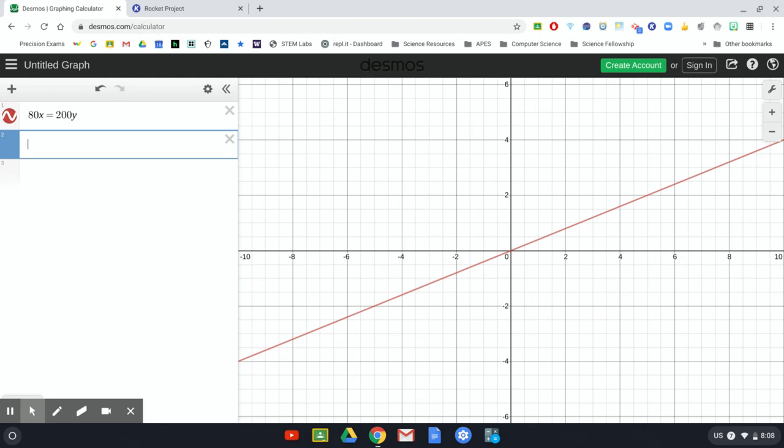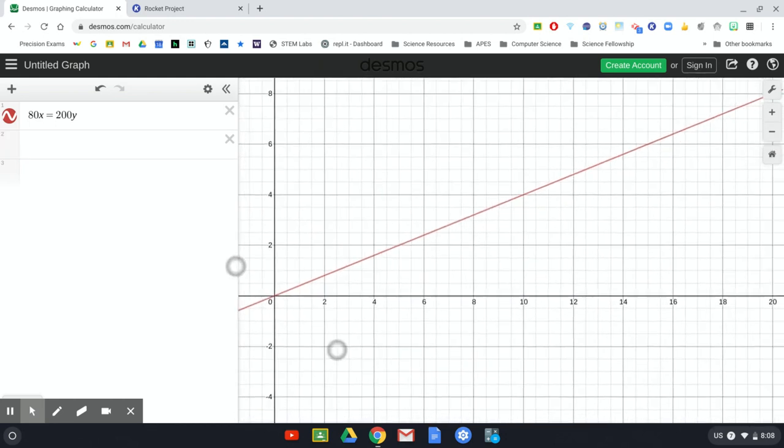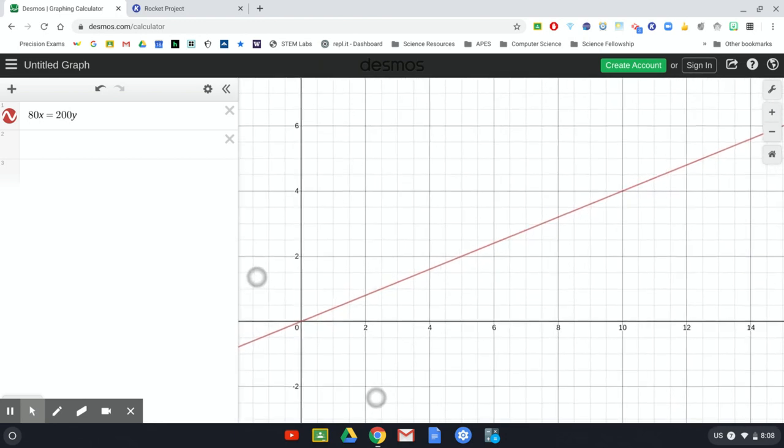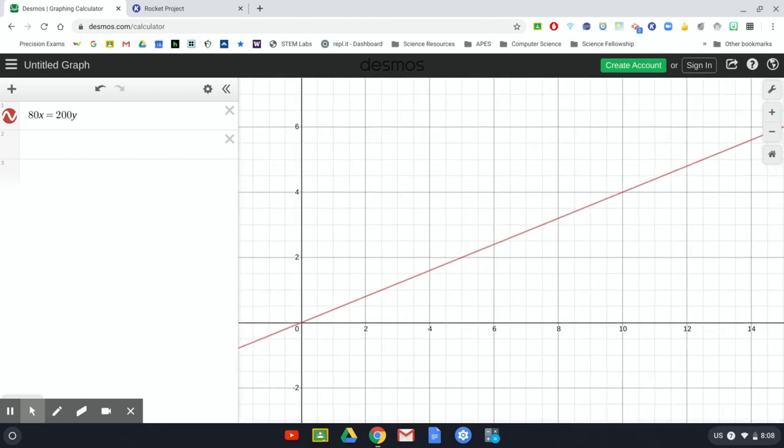And as you'll notice, there's now a lovely red line across my graph that shows me what x's and y's meet that particular condition. And we want to focus only on quadrant 1 where we have positive x's and y's, because it doesn't seem reasonable that we'd have a negative length of one of our body tubes.